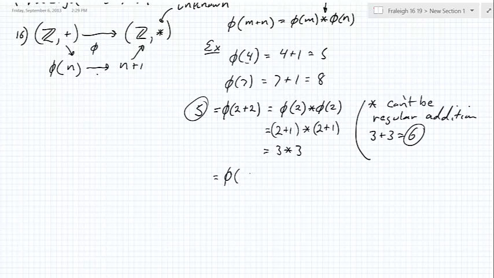So let's try another number and see if we can tease out a pattern. Phi of 5 plus 2, well, that's 7, so phi of 7 should be 8. We've already done that. But if it's going to be an isomorphism, it should also be phi of 5 star phi of 2, which is 6 star 3.